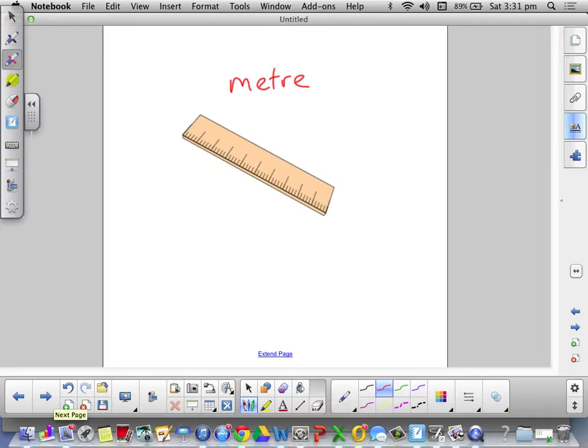Okay, and if this is a metre ruler here, then you would expect these little smaller measurements here to be what? They would be centimetres, wouldn't they? Okay, and your ruler that's sitting in your pencil case right now is probably a 30 centimetre ruler, probably measures up to 30 centimetres in length.